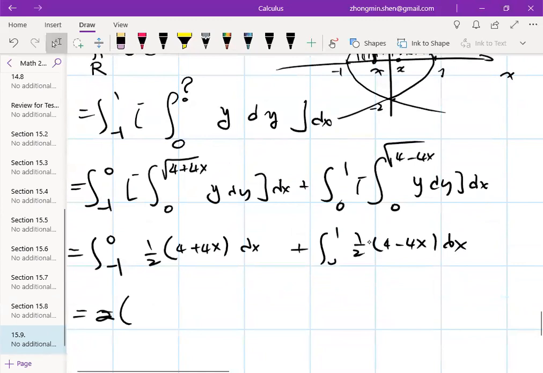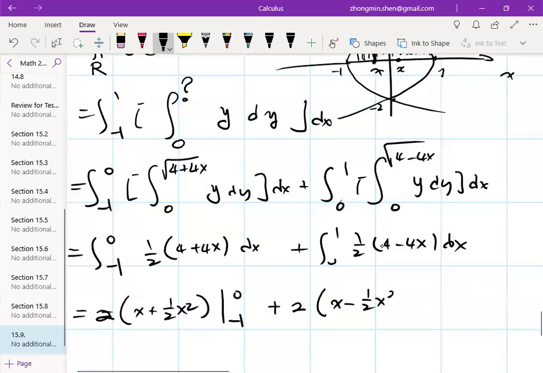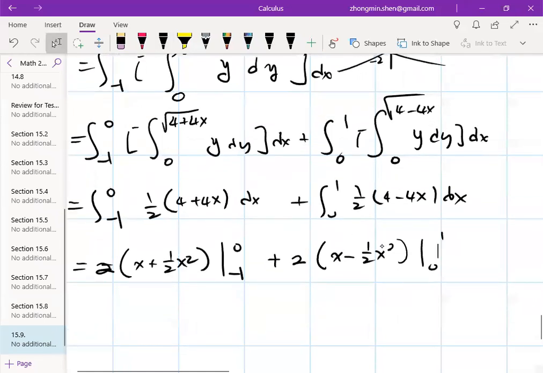For 1 plus x, the antiderivative is x plus half of x squared, and here for 1 minus x it's x minus half of x squared. Now you evaluate.